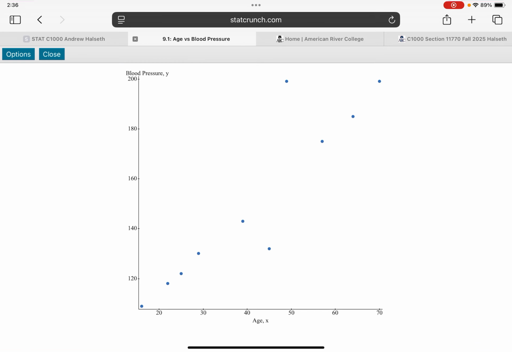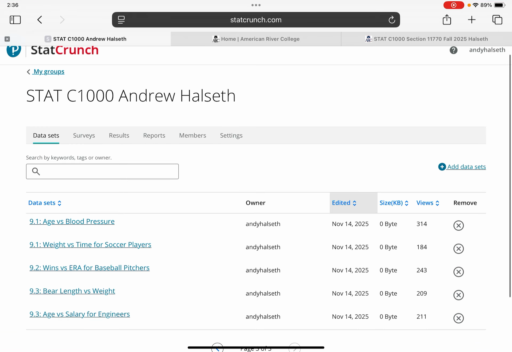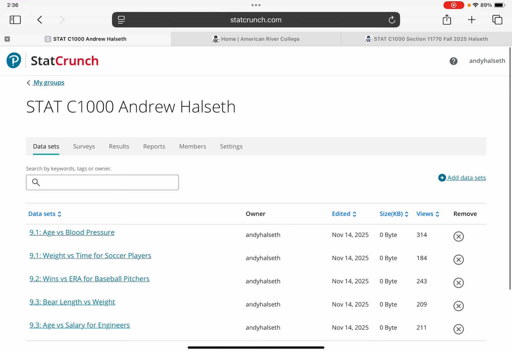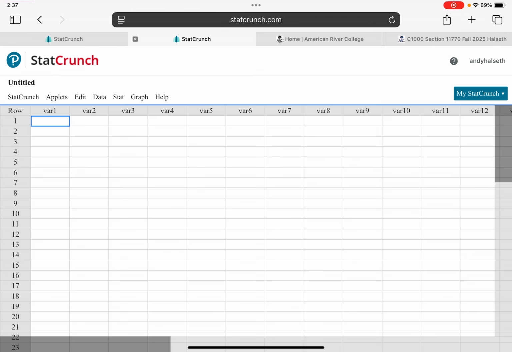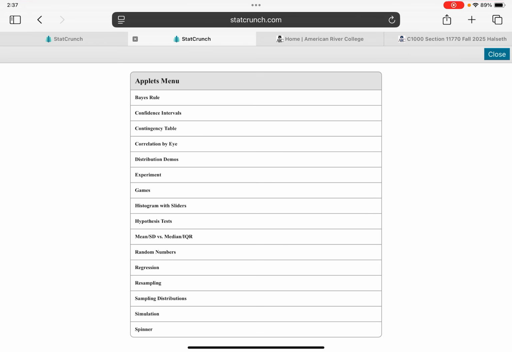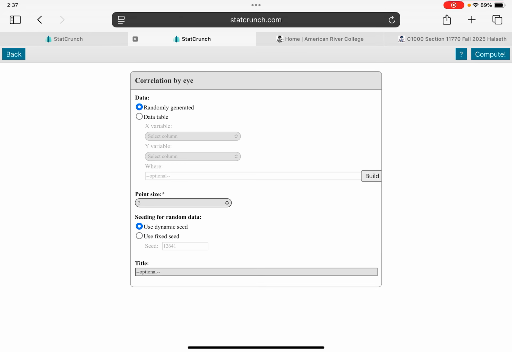If you wanted to get a feel for the R, there's a good applet in StatCrunch. Open StatCrunch with a blank spreadsheet. If you go to applets, you'll see on the fourth one down, correlation by eye.